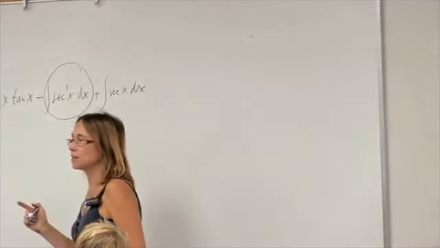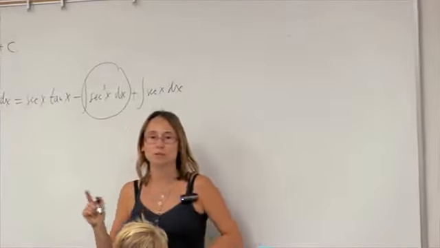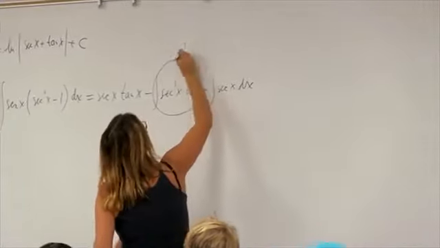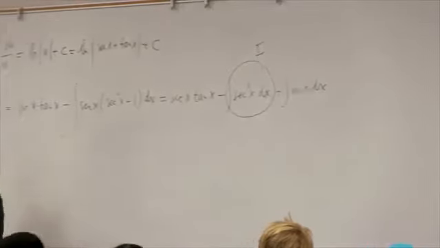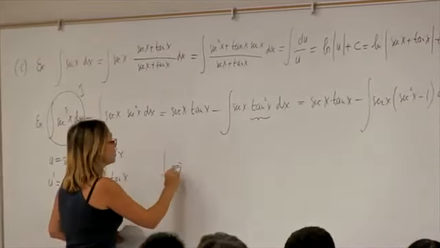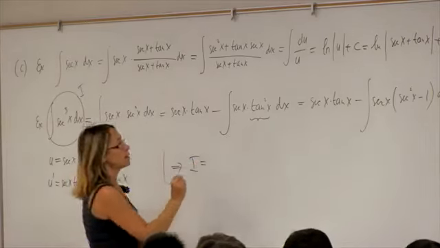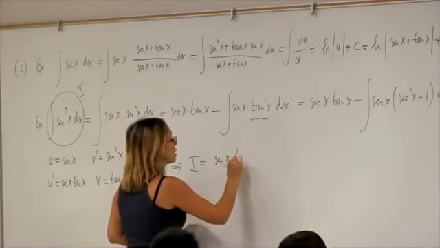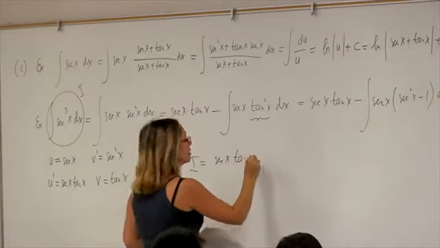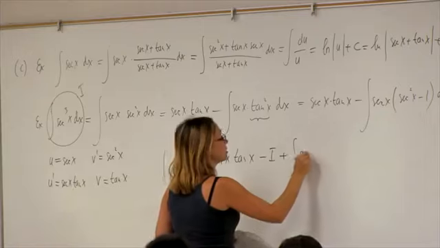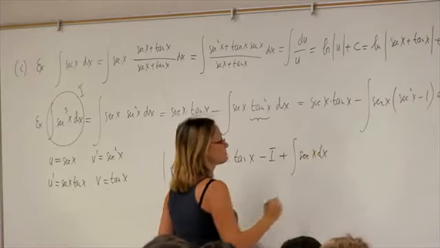I bet you saw that the day before yesterday. I wasn't here, but one of the integrals that you take by parts involves this technique. So I'm going to call this I. So what do I know about I now? I know that I is equal to secant x tangent x minus I plus the integral of secant x dx.